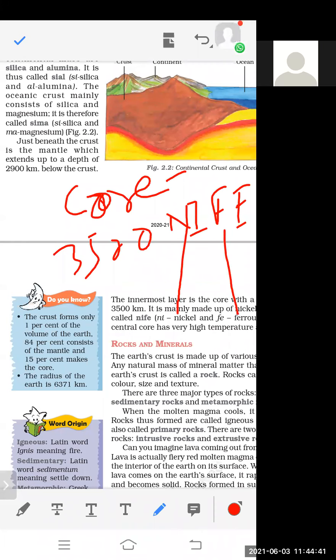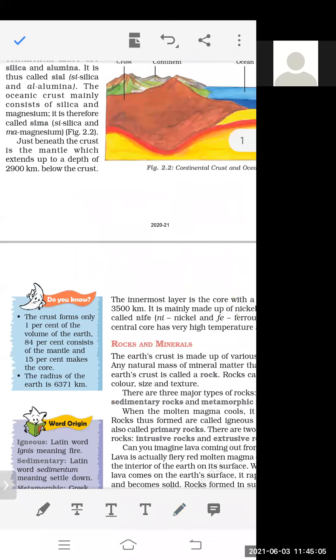So the material found in this layer is nickel and ferrous, which makes the core very dense material, and the core has very high temperature, right? So nickel and ferrous means iron, right? So it is made up of iron and nickel, and it makes this part more dense.